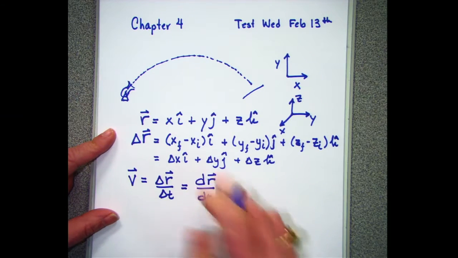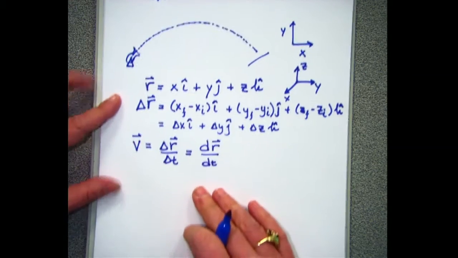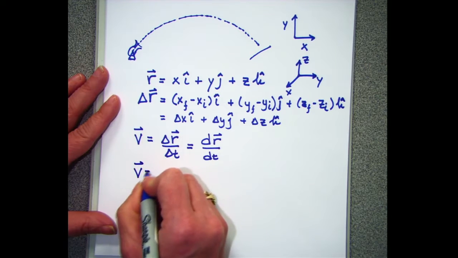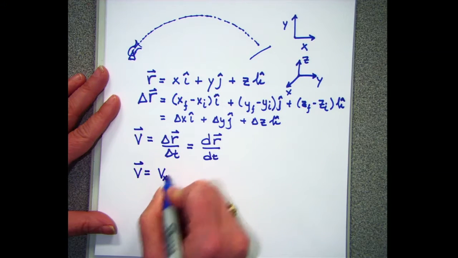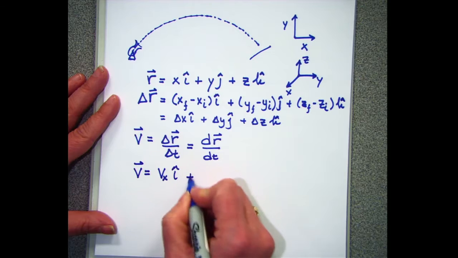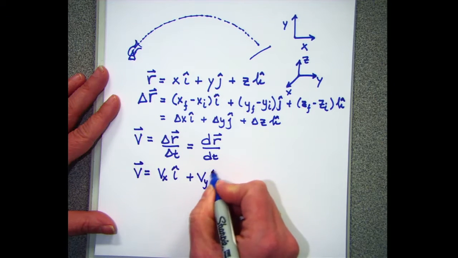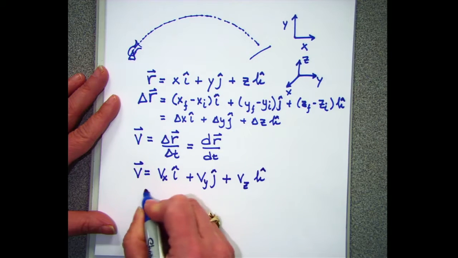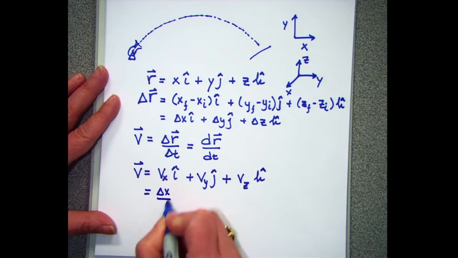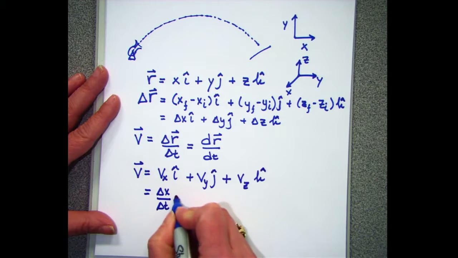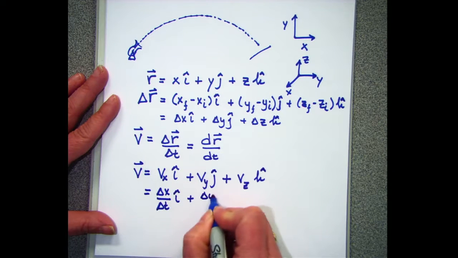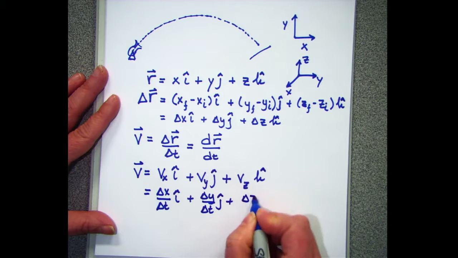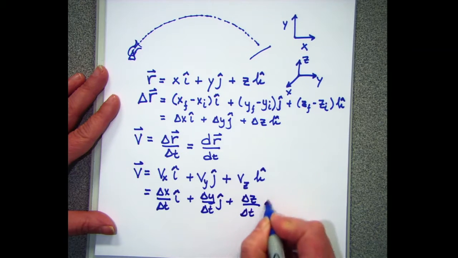And basically all we end up doing is rewriting this. I can do it in a variety of different ways. I can write it as the x component of my vector in the i direction, plus my y component in the j direction, plus my z component in the k direction. If we write it out like this, it's my change in x with respect to time, my change in y with respect to time, and my change in z with respect to time.